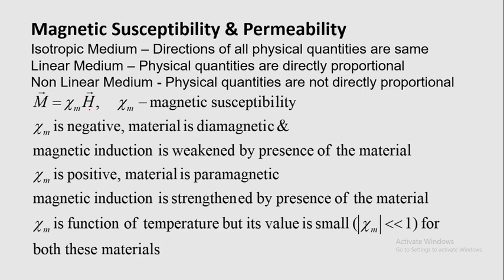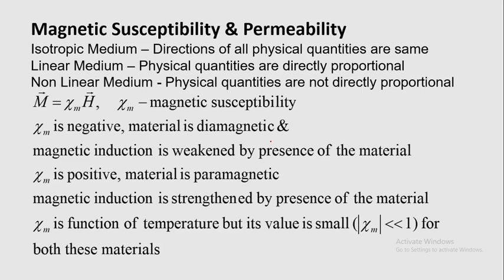So you are applying the field in one direction, then the material gets magnetized in the opposite direction. So the total resultant magnetic moment is produced in the opposite direction. That means the susceptibility is negative, and magnetization is opposite to the magnetic intensity. Then that material is called a diamagnetic material. The property is called diamagnetism.